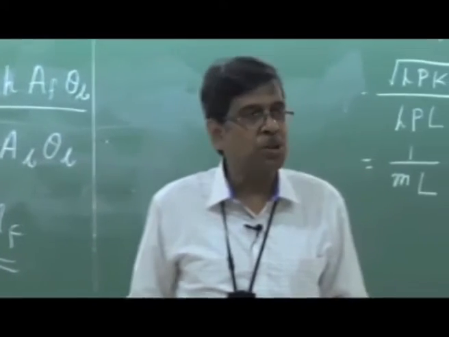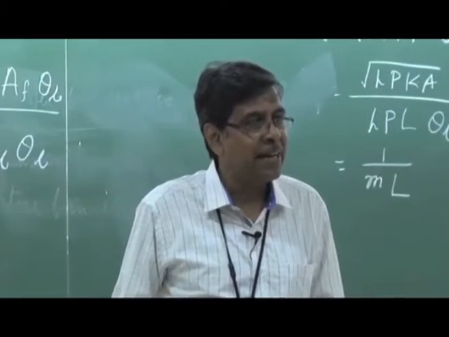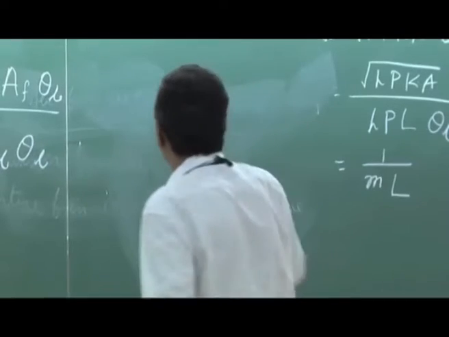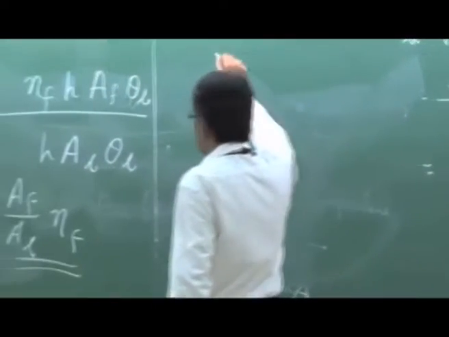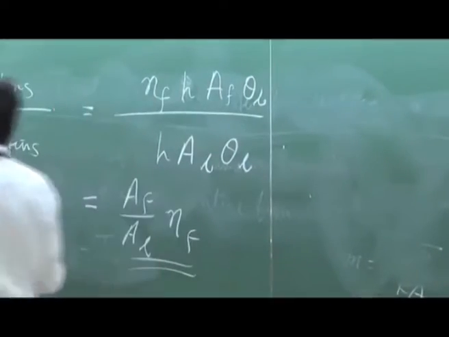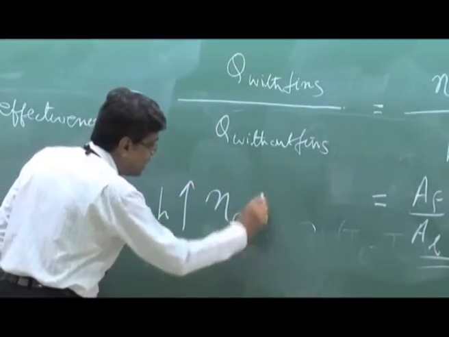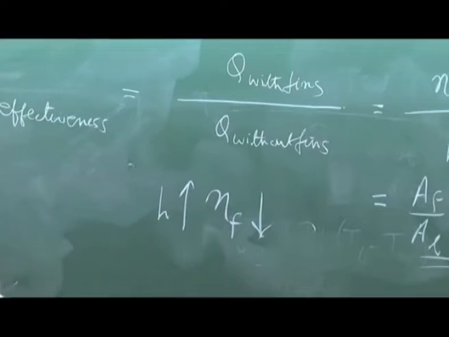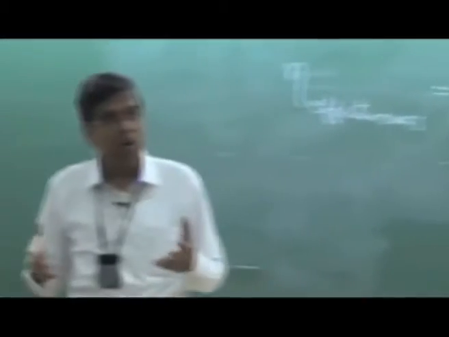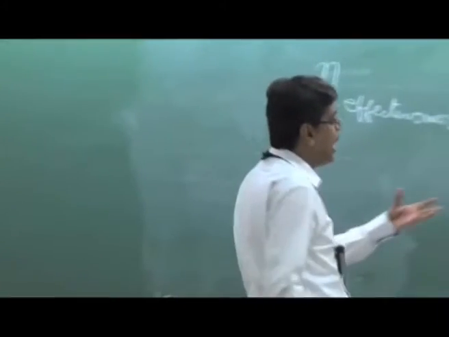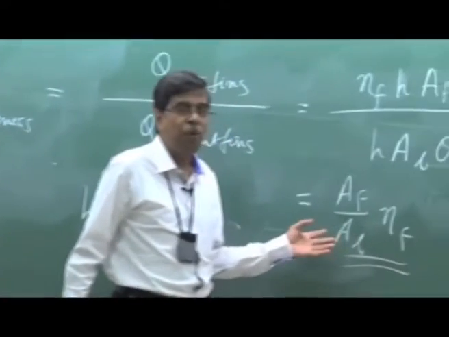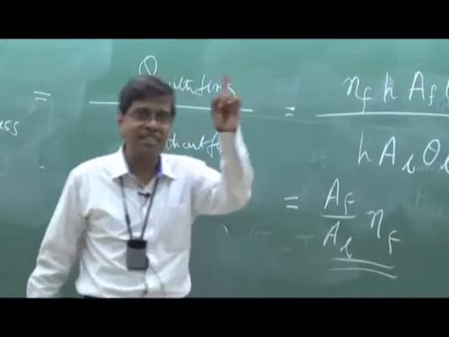The answer to the question lies in the fact that with the increasing value of h, eta_F decreases. We have to be careful about eta_F. If you have a low eta_F, there is no point. Gain is less, very first class.